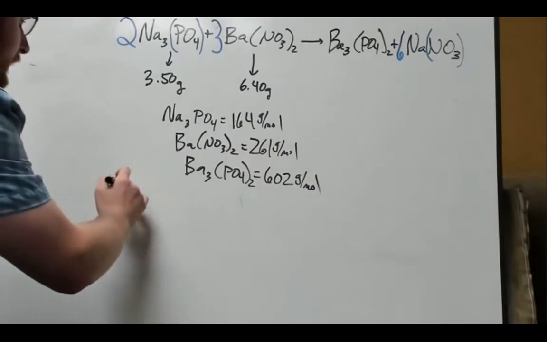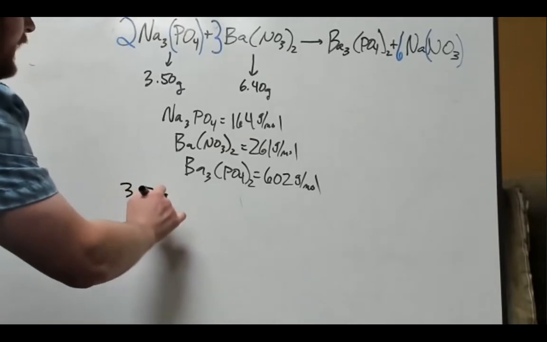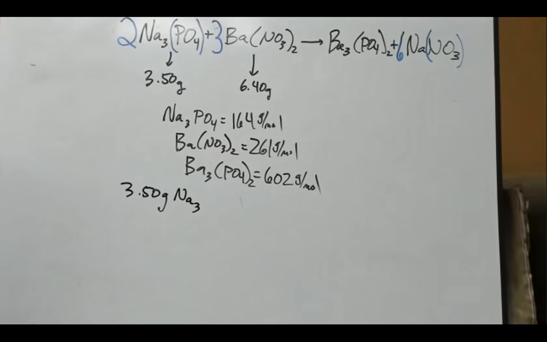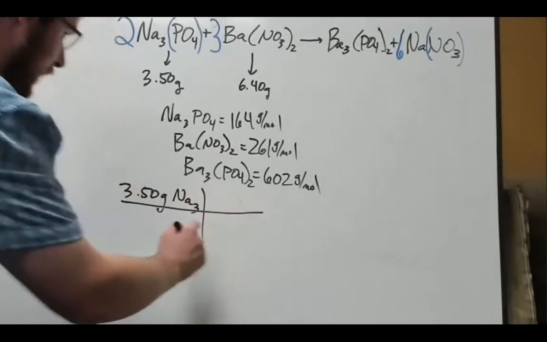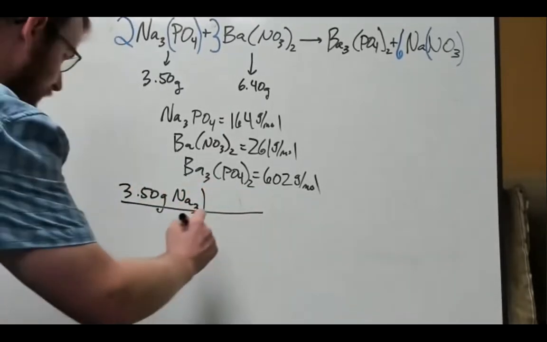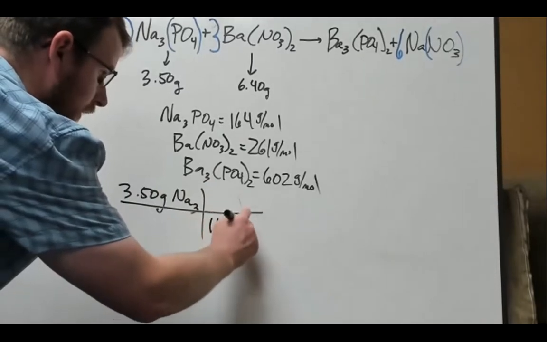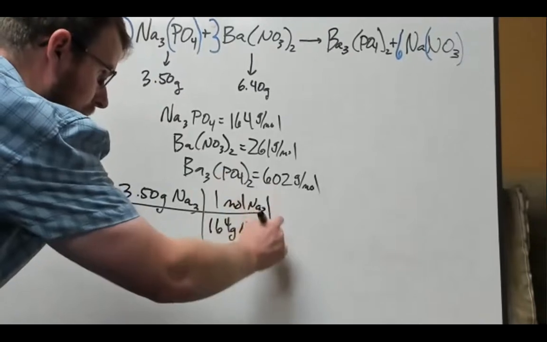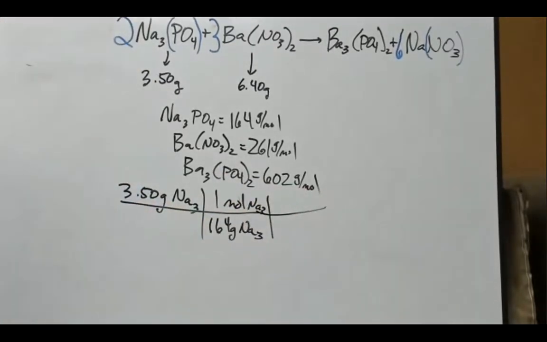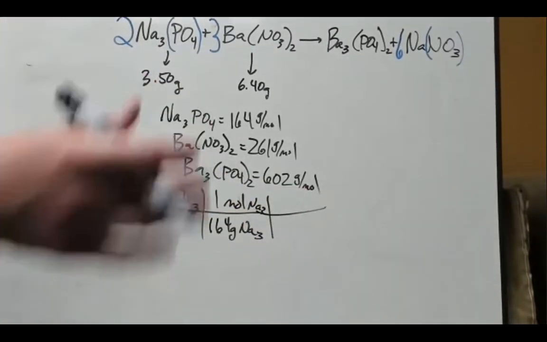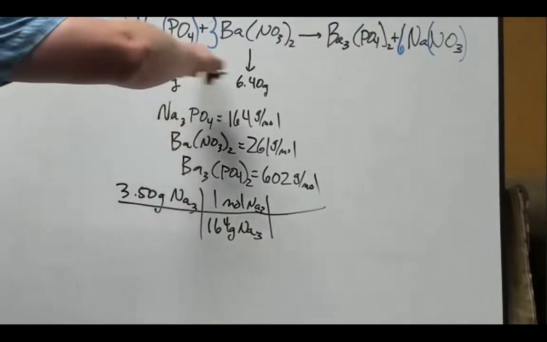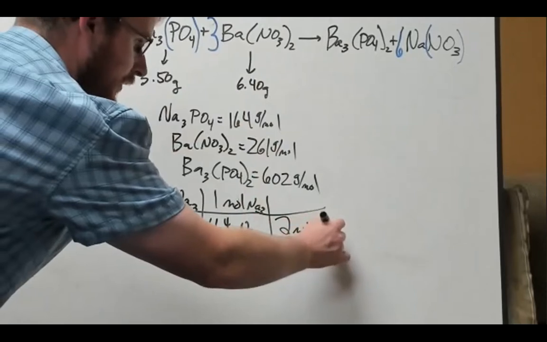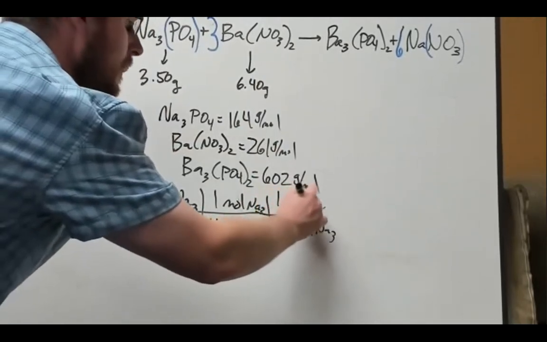We have 3.50 grams of Na3, which I'm using as shorthand just to save time writing. We know 164 grams of Na3 is equal to 1 mole of it. Now we have a balanced equation, so what's the next step? We can turn moles of this into moles of our product. For every 2 moles of Na3, we get 1 mole of Ba3.